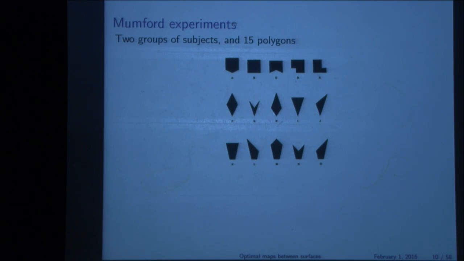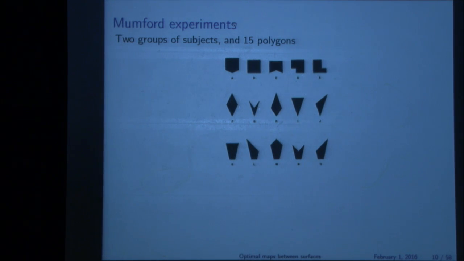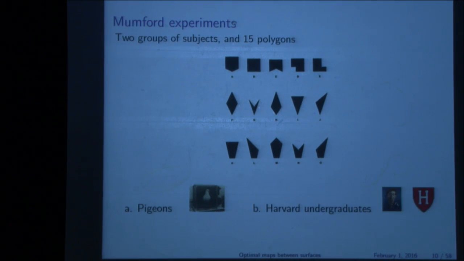So Mumford worked with some psychologists at Harvard and took two groups of subjects and created a perception-based distance matrix for these 15 shapes. These are 15 different regions in the plane, and the two subjects that were tested were one a group of pigeons, and the second was a collection of Harvard undergraduates.